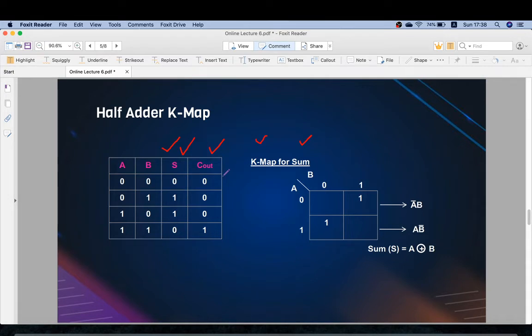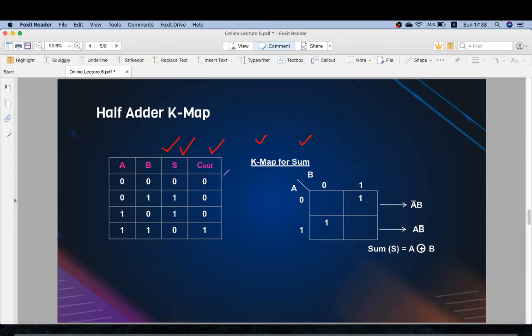In combinational logic I always take SOP. I also taught you this in combinational logic and logic circuits in K-maps. Whenever you are solving your K-map or truth table as per SOP, you will always take 1.